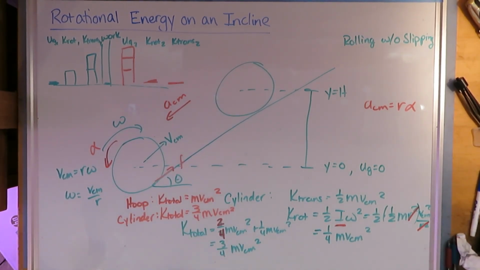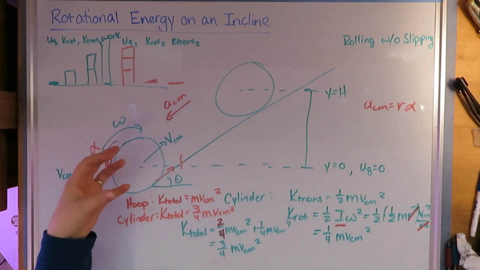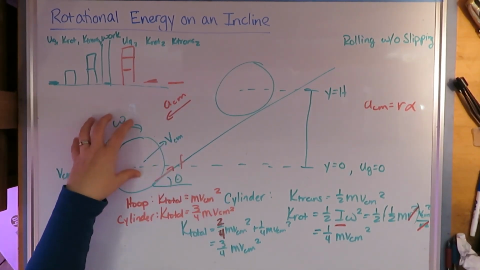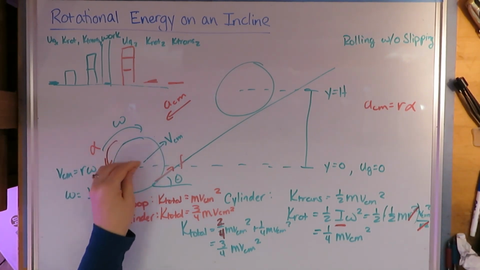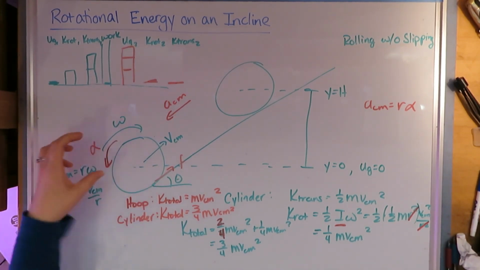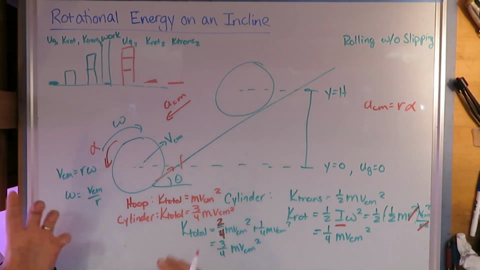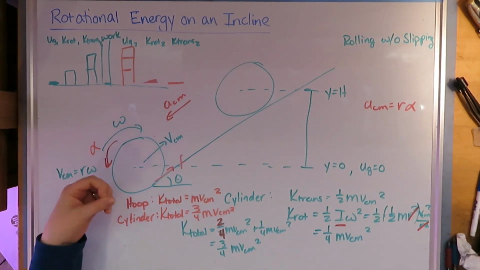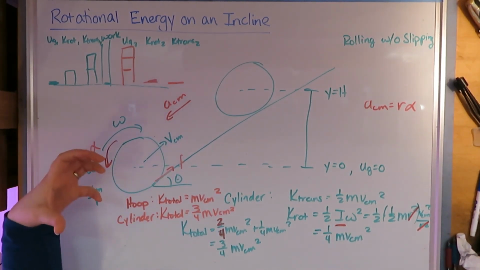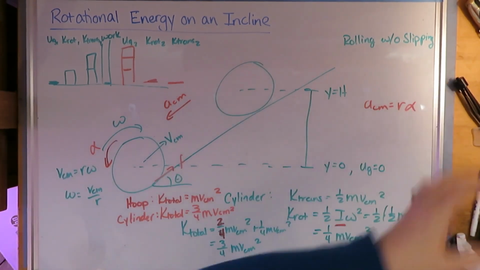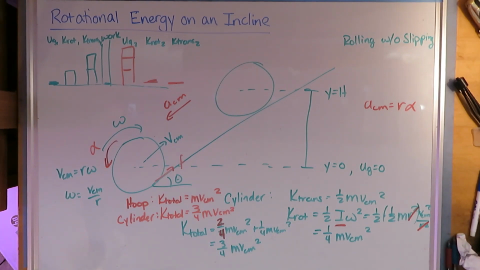And that's if they're all starting with the same speed. Because your total energy at the start is determined by your linear speed, the more rotational speed you have on top of that based on your rotational inertia, the more total energy you're going to have. So objects with higher rotational inertia moving at the same speed will have a higher total energy available to them. That's why the hoop would be able to continue further up that ramp before stopping.